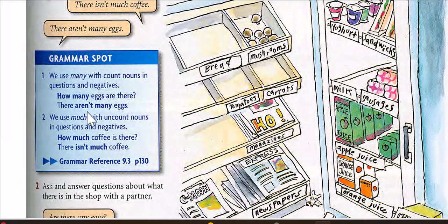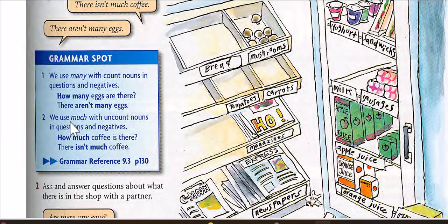So the answer: there aren't many eggs. Because we can count eggs, we use many. There's plural, that's why the plural form of the verb, are. And it is negative, that's why not. So there aren't many eggs.